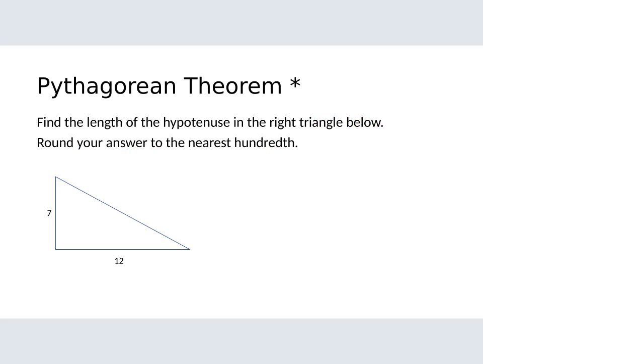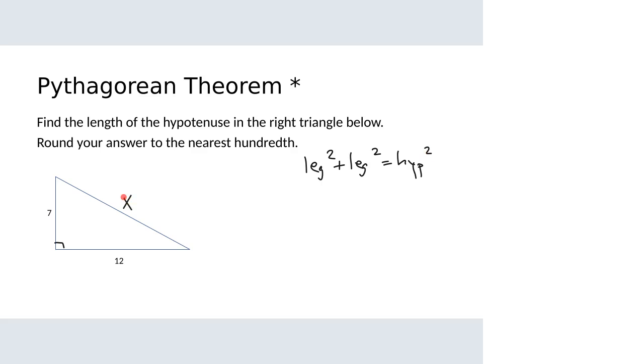Find the length of the hypotenuse in the triangle below. Round your answer to the nearest hundred. So here I have this right triangle. I know the Pythagorean theorem is leg squared plus leg squared is hypotenuse squared. I can see that it's the hypotenuse here that I don't know, so I could call that x.